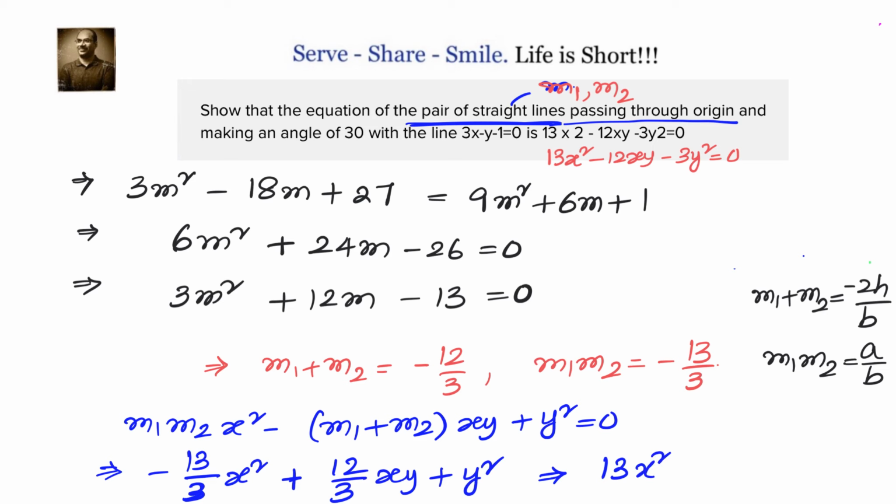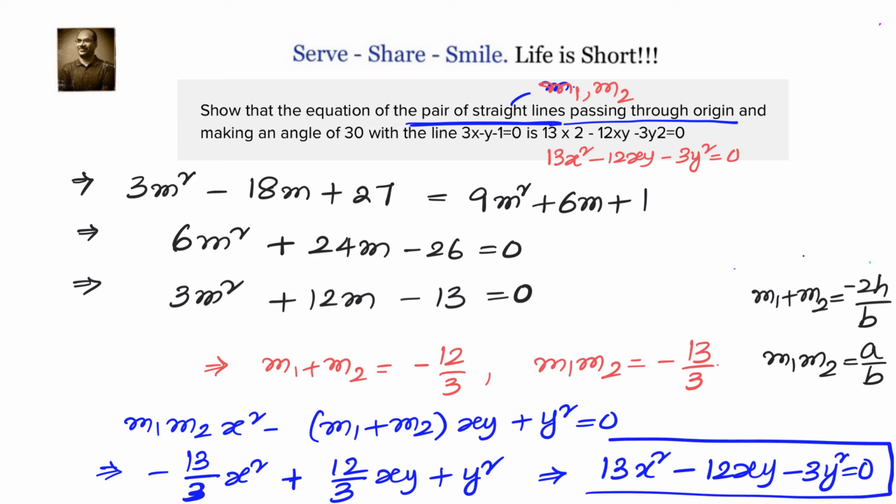You will get 13x square minus 12xy minus 3y square equals 0. Therefore, the equation of the pair of straight lines passing through the origin and making an angle of 30 degrees with the line 3x minus y minus 1 equals 0 is 13x square minus 12xy minus 3y square equals 0.